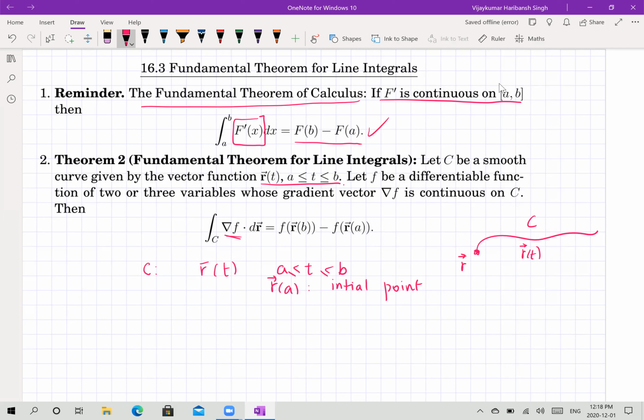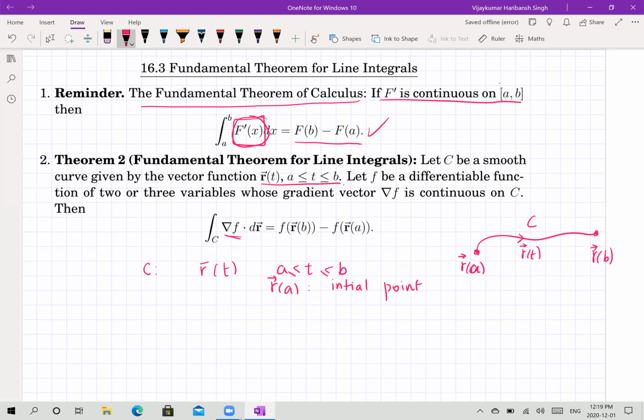This point is given by r of a, and the position vector of this point is given by r of b. So you have f of r(b) minus f of r(a). So your derivative here is replaced by what? The gradient. So let's see the proof of this.